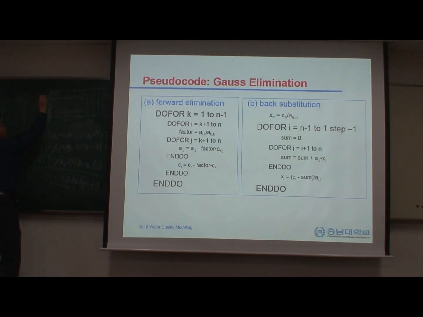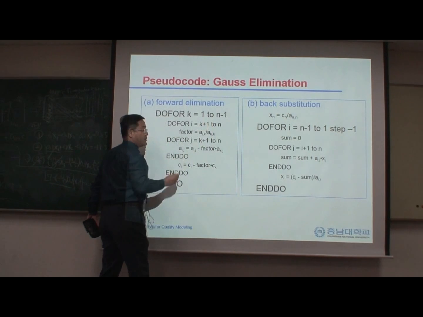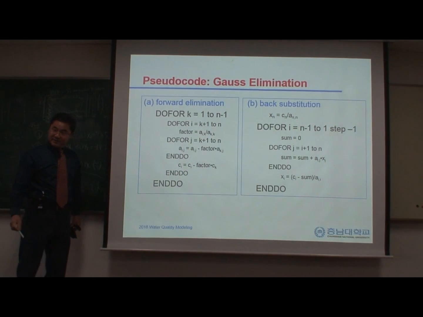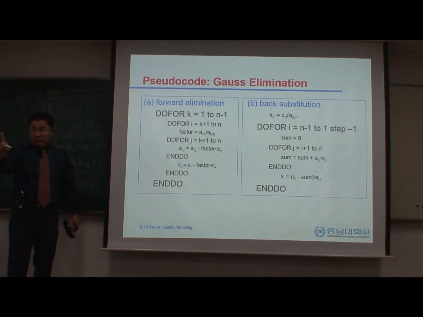Because you have 1, 2, 3, 4, 5, n, but you have to make the first term 0. The number of lines for that is just n minus 1. So in here I have to do that calculation n minus 1 times. From the second row, third, fourth. This will appear in your final exam.